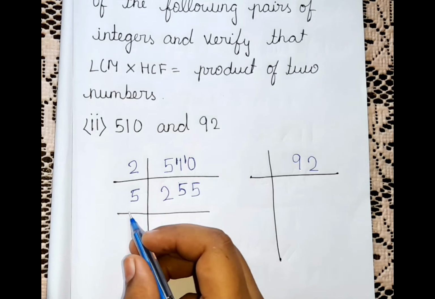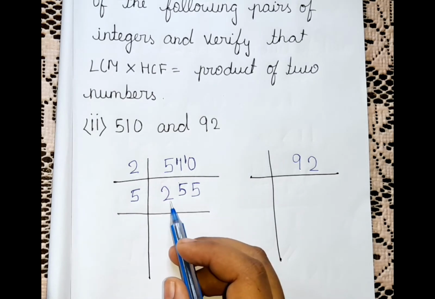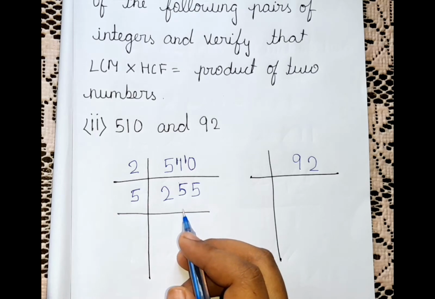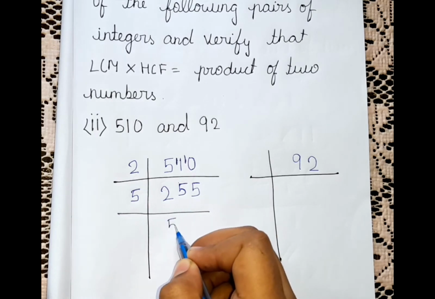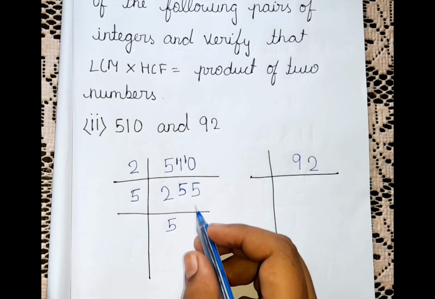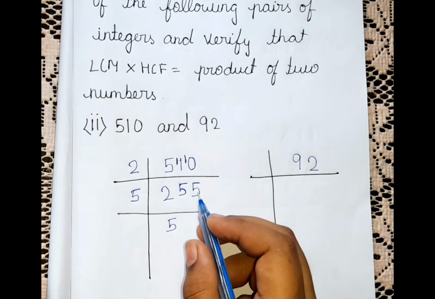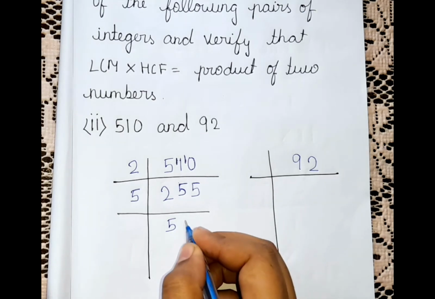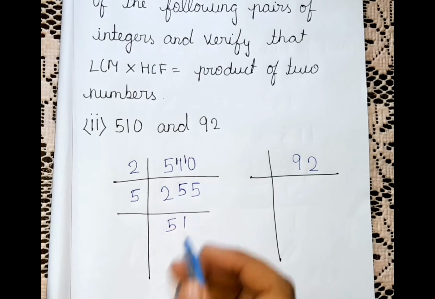I am writing 5 right over here, and first it is 25. Of course we get 25 in the 5 table, that is 5 5s are 25, and next one is 5. Of course we get 5 also in the 5 table. So 1 5 is 5. So we shall write 1 right over here, because 1 5 is 5.